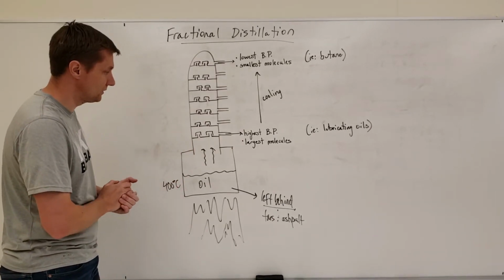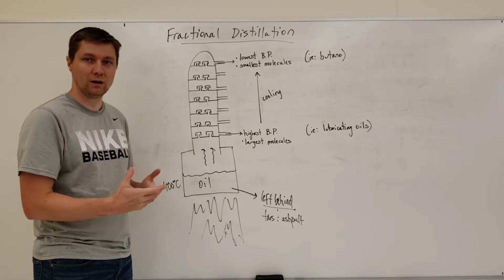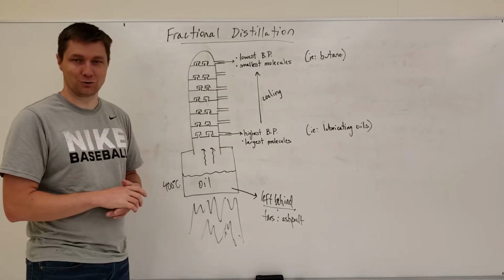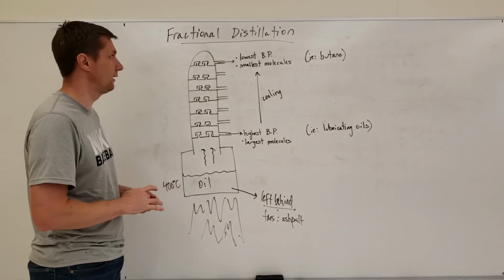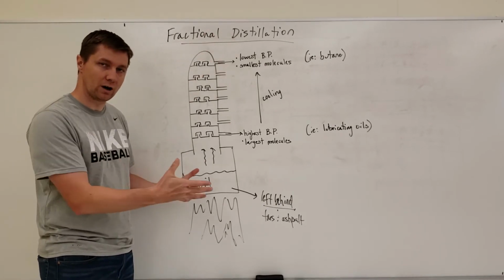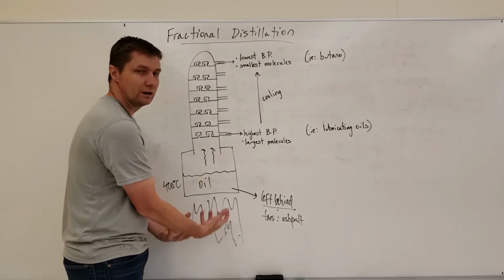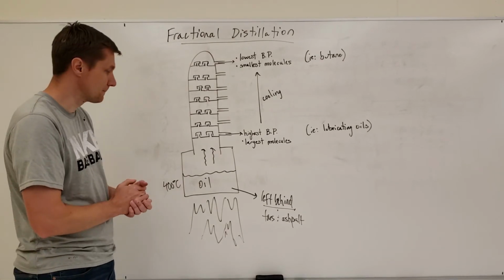This is a very basic drawing of what's going on here, and a lot of the details of how these things are separated out isn't found in this drawing, obviously. But the main and basic concept that you need to understand for fractional distillation is that when the oil is brought to the refinery, it's put in these big drums. And these drums are heated up to a really high temperature, about 400 degrees Celsius.